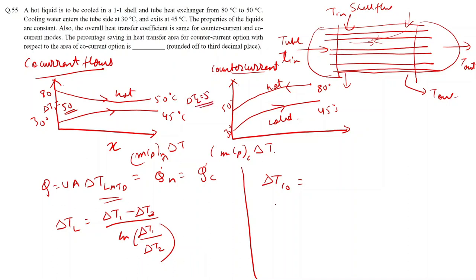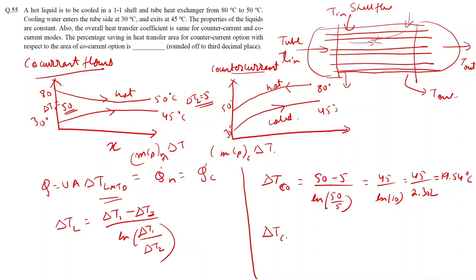So we can write this log mean temperature difference for co-current flow as 50 minus 5 on ln of 50 by 5. This we can write as 45 upon ln of 10, which is 2.302, and this will become 19.54 degrees Celsius.